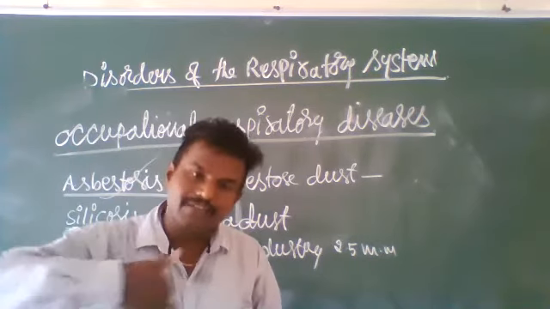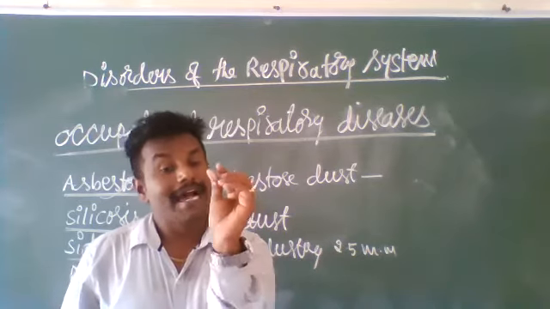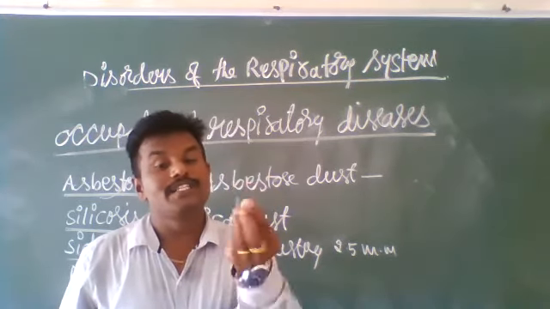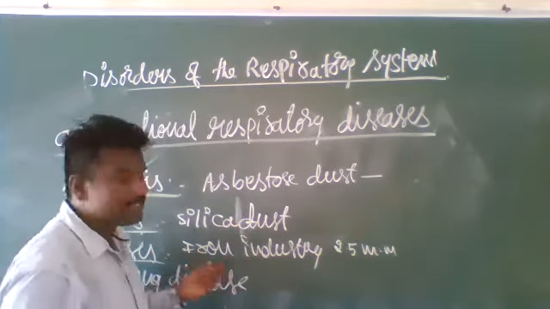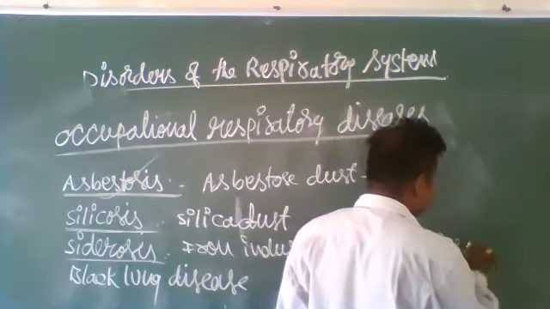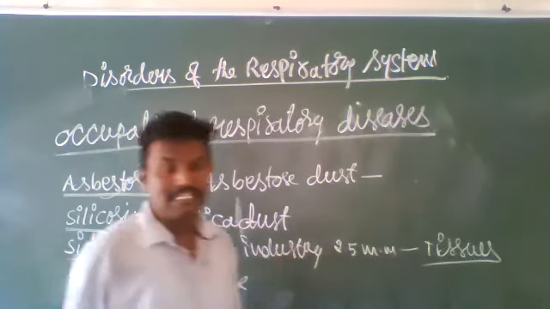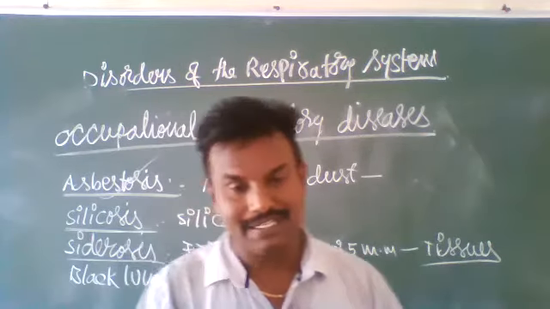Or else, in the industry, less than 2.5 micrometer iron particles can be inhaled during respiration. These iron particles enter through respiration and are blocked in the tissue. In such cases, they will face an infection that is called siderosis infection.